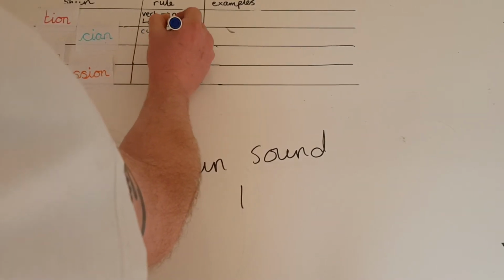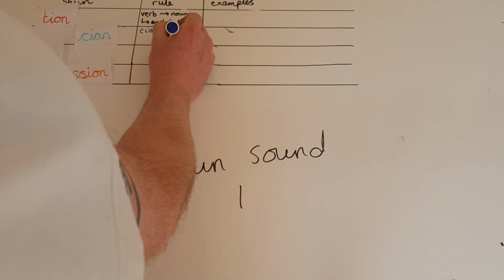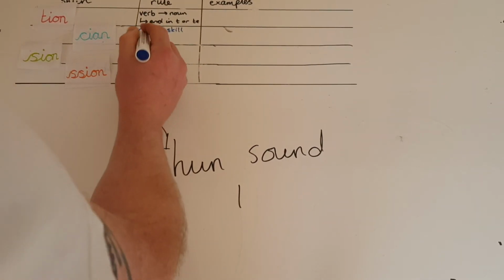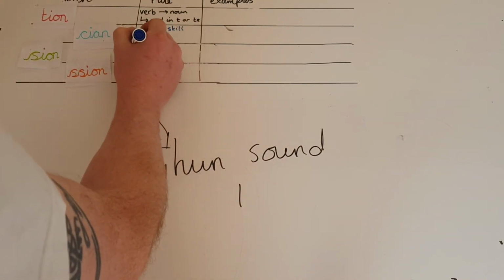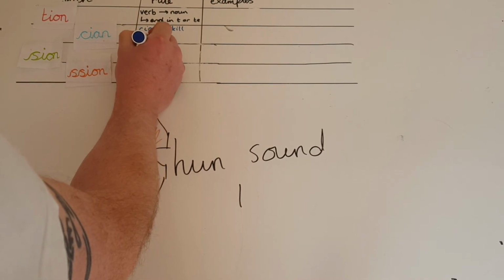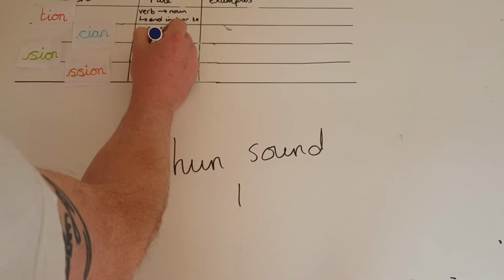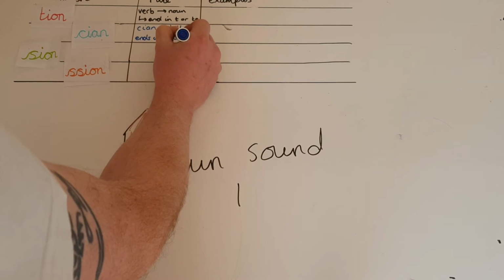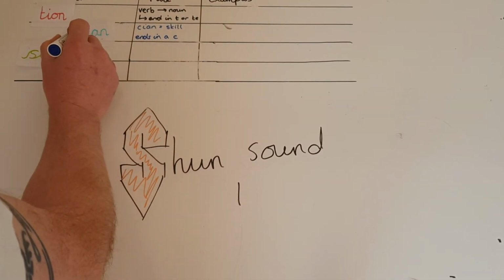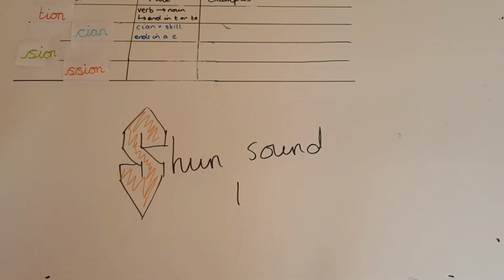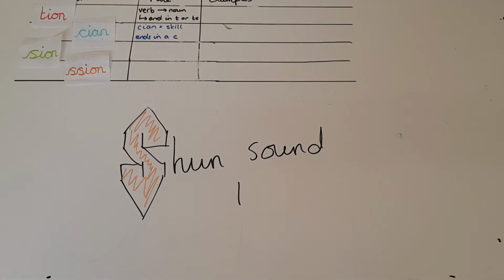We use the cian when the skill itself ends in a C. So when the skill, or the job, ends in a C, that's when we use the cian. That means that we use cian when we're looking at a particular profession.